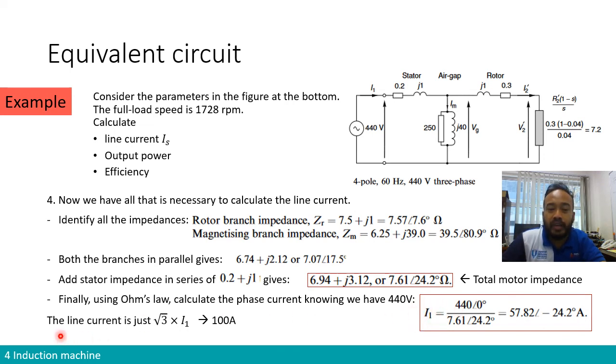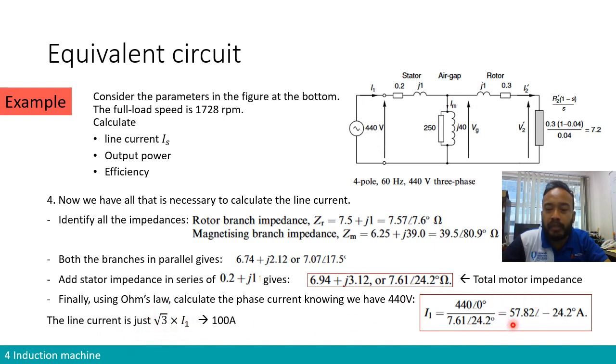In order to find the line current, what is the line current? The phase angle in phase current or in line current is going to be the same, but the thing that's going to be different is the amplitude of the current. The amplitude of the phase current I1 is 57.82. Therefore, the line current for phase 1 is square root of 3 multiplied by I1.